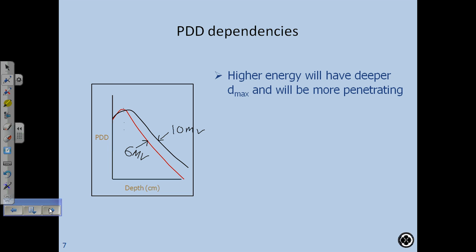Do you folks remember what Dmax is? That's kind of the first fingerprint of a PDD. What's the Dmax for 6? 2.5, yeah, that's the Dmax for a different energy. What energy is that?